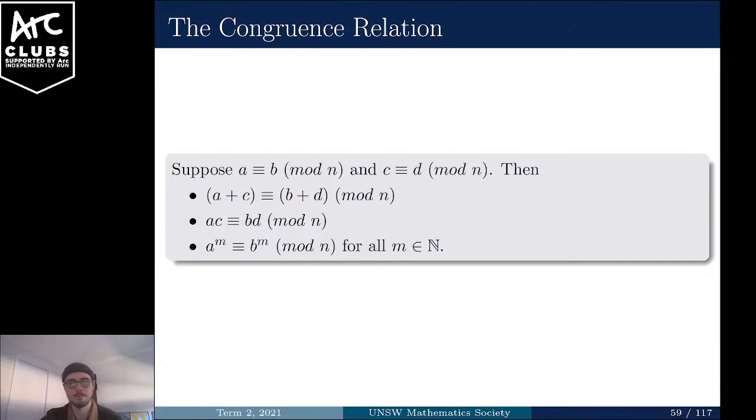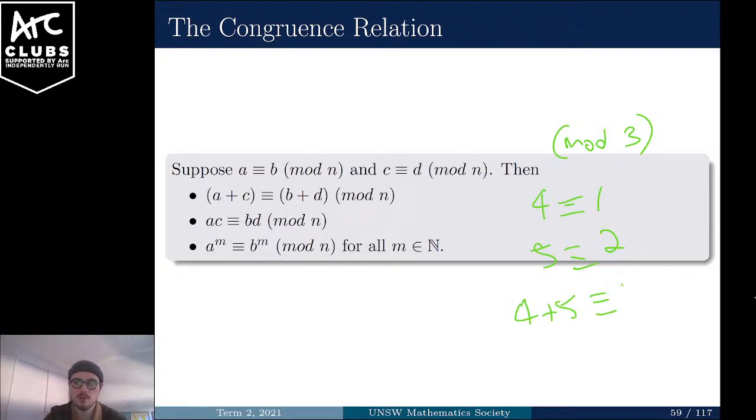So let's work mod 3, just because it's nice and small, so it'll be easy for this example. 4 is congruent to 1, and 5 is congruent to 2 modulo 3. What this is essentially saying is 4 and 5, well, that's the same as 1 and 2. Because these give us 9, and these give us 3, and they're both congruent to 0. That's what we're saying here.